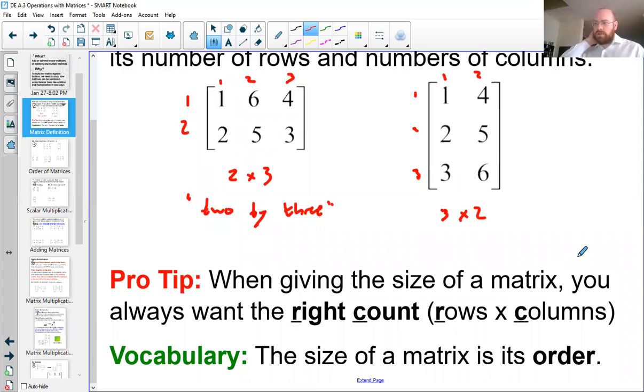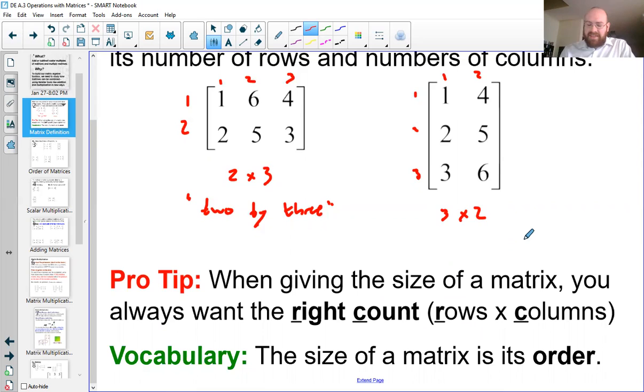So a helpful mnemonic is when giving the size of a matrix, you always want the right count. So if you have the right count, the R represents rows, C represents columns. So that's one way of developing that memory.